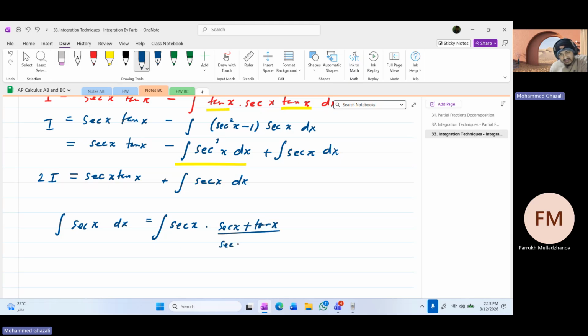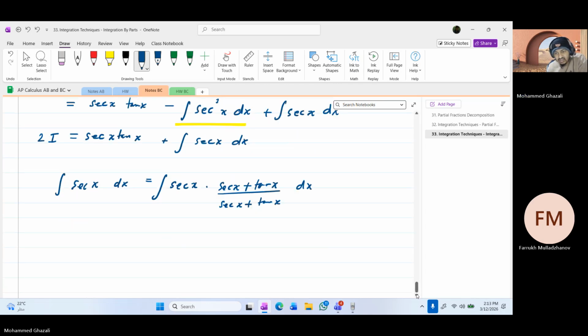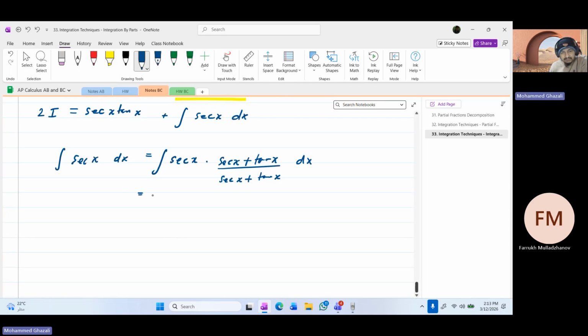So the top now becomes the integral of sec squared x plus sec x tan x. You just need to make a u substitution at the bottom, all right? Let u equal sec x plus tan x. So what is du equal to?